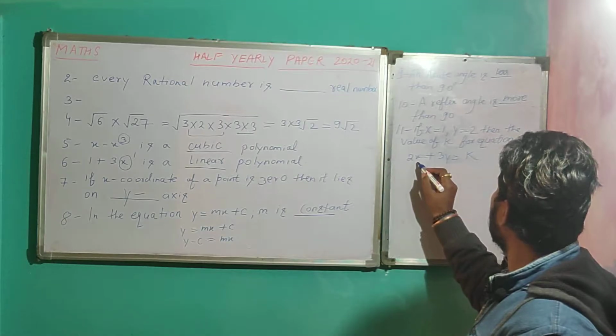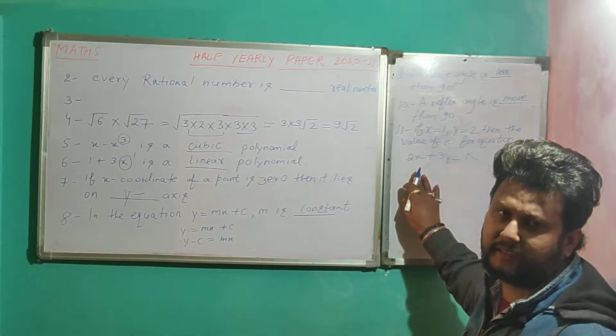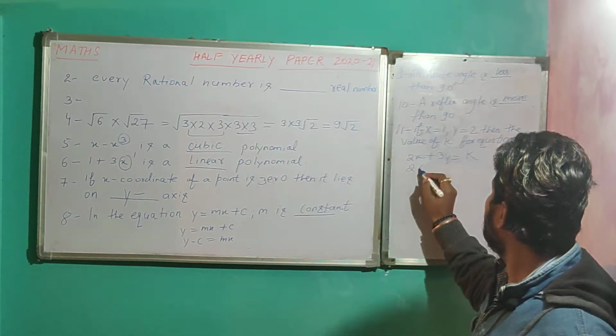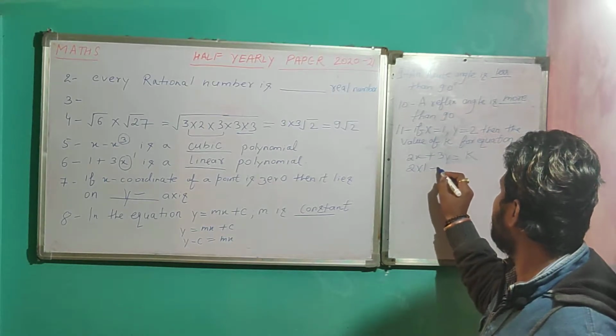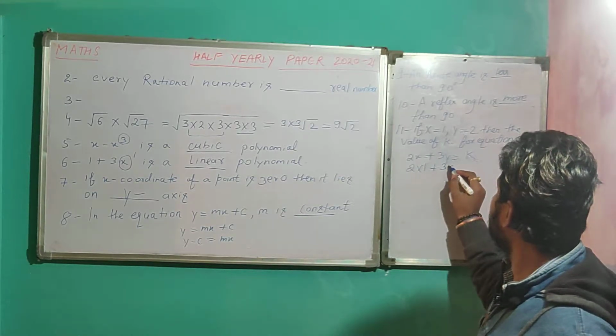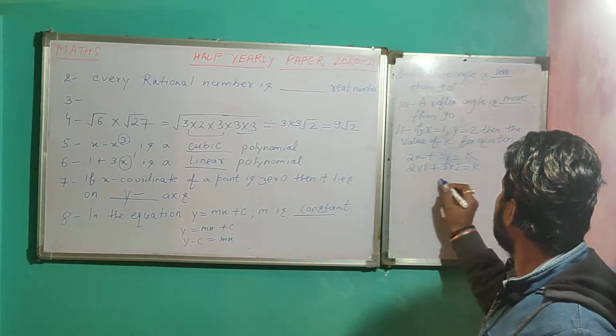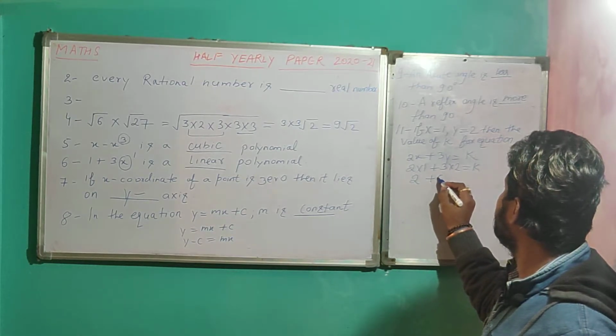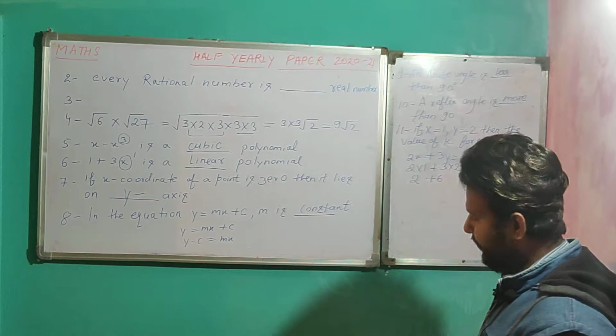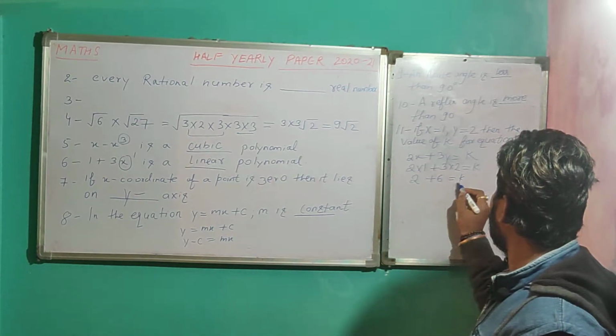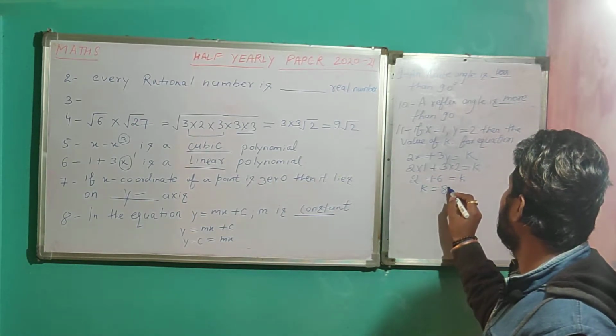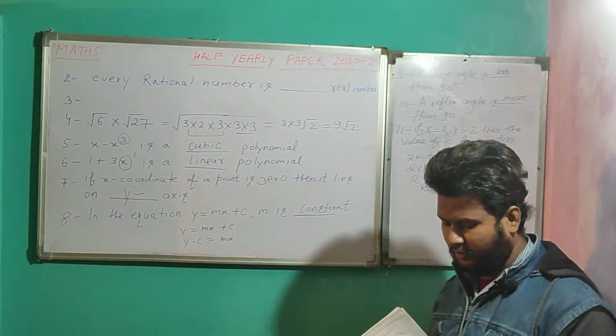Put the value of x and y in this equation. The value of x is 1, so 2 into 1 plus 3 into 2 is equal to k. You can write this as 2 plus 6 is equal to k. Therefore, k is equal to 8.